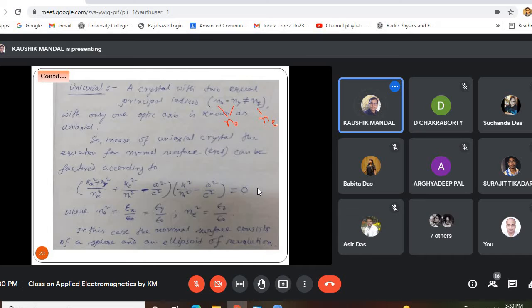This relation is known to you: no square equals epsilon x by epsilon 0, that is equal to epsilon y by epsilon 0, and ne square is epsilon z by epsilon 0.